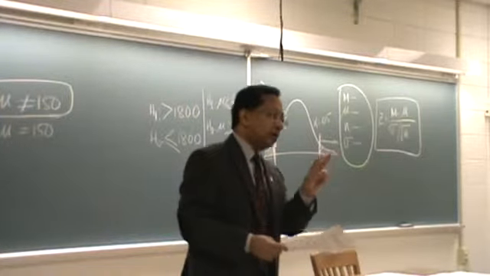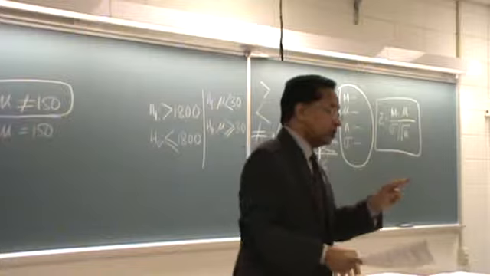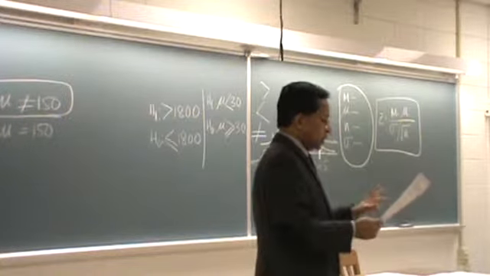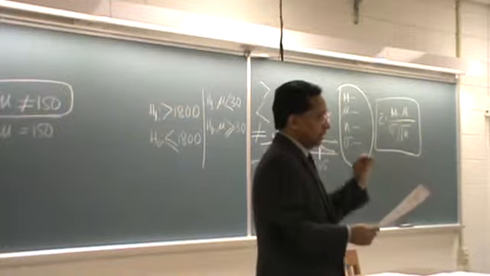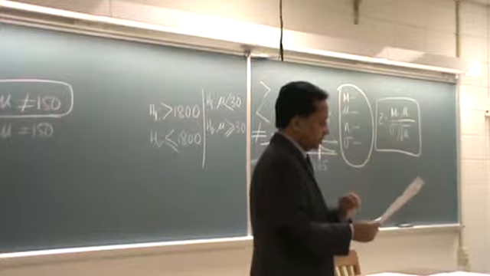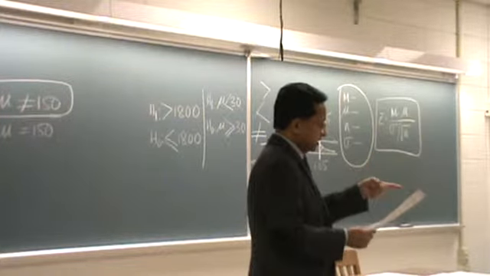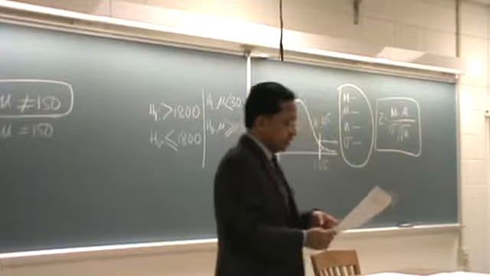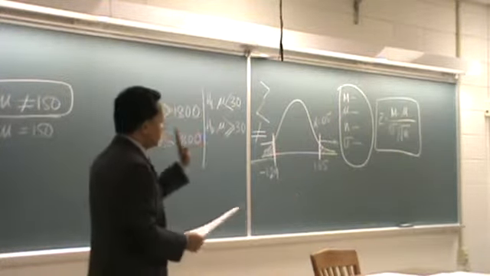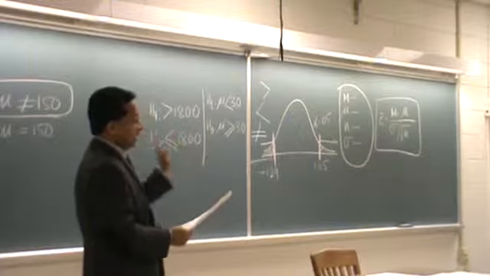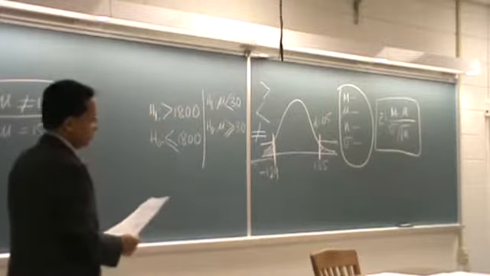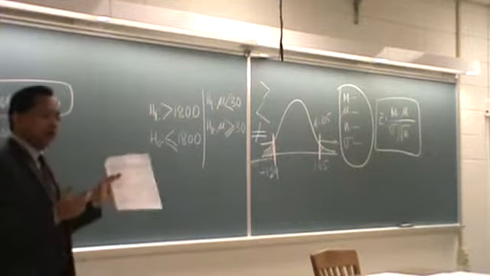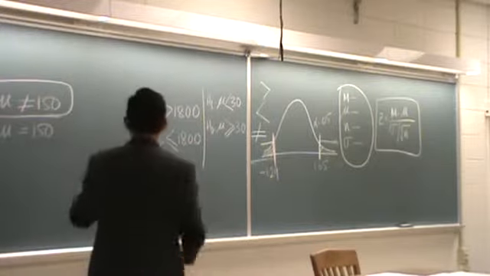So 0.01 divided by 2, that's 0.005. That means on each side of the tail, we have alpha equal 0.005. If you look at the table, then the corresponding Z value is on the right side plus 2.58, on the left side minus 2.58.